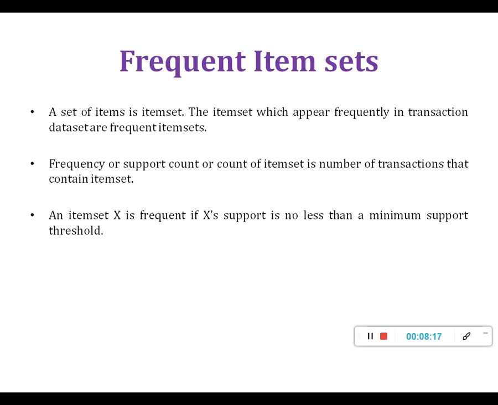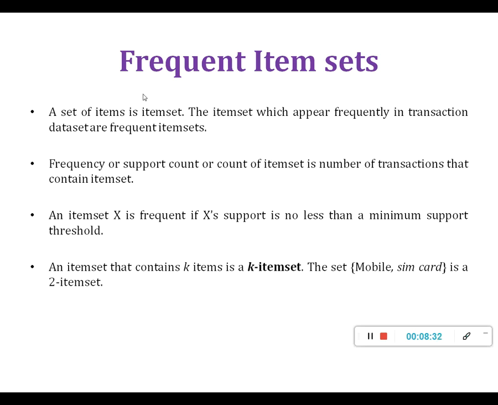An item set X is frequent if its support count is no less than the minimum support, meaning it should be greater than the minimum support threshold. Then and only then can we say our item set is a frequent item set. If there is only one item in the item set, we call it a one item set. If there are two items, we call it a two item set. Likewise, if there are k items, we call it a k item set.